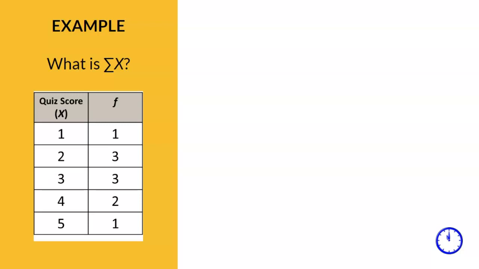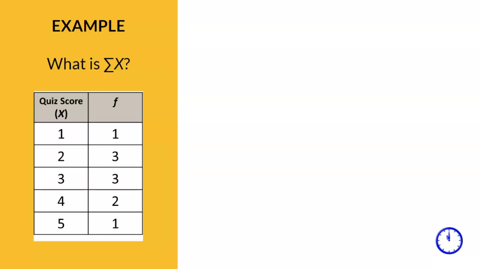The most common mistake that students make is they want to add up the values in this x column, and they want to add up 1, 2, 3, 4, and 5. That is not what sum of x means. Sum of x means that you need to add up each individual score, which means that you need to take the x scores out of the frequency table.